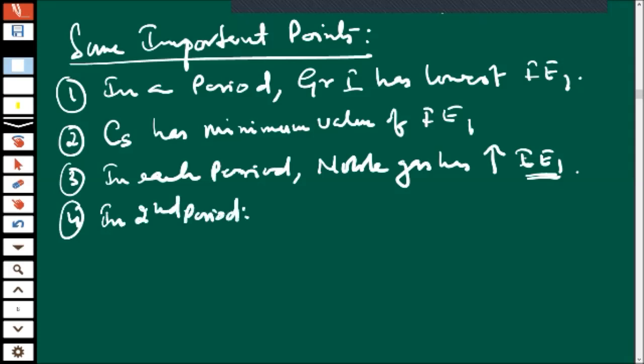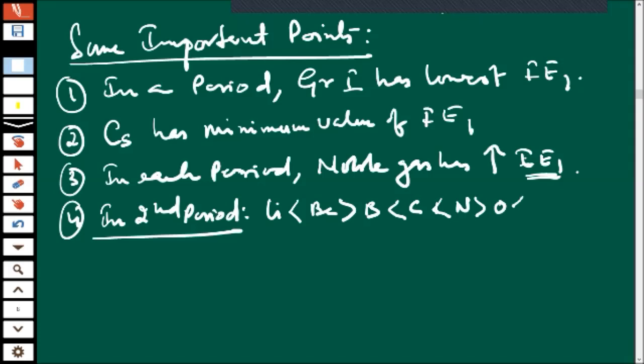In the second period, we have seen the order: lithium, beryllium, and beryllium is greater than boron. Carbon is greater than boron. Then came nitrogen; nitrogen is greater than oxygen. Then came fluorine, and then neon.